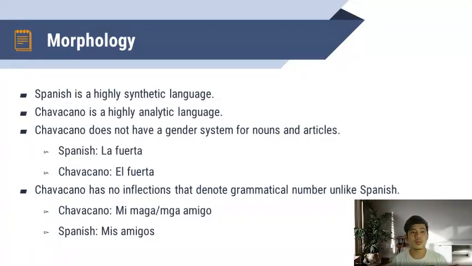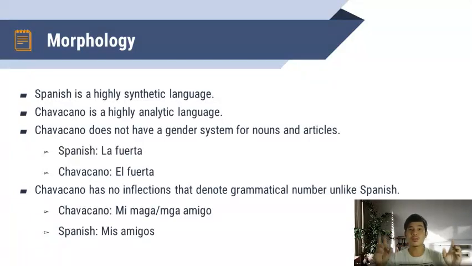And then second, Chavacano does not have a gender system for nouns and articles. So for example, in Spanish, it is said la puerta, but in Chavacano, it is said as el puerta. Notice that in Spanish, the word puerta here has the letter A, which actually denotes that the noun is feminine in form, and thereby its article should also be feminine in form.